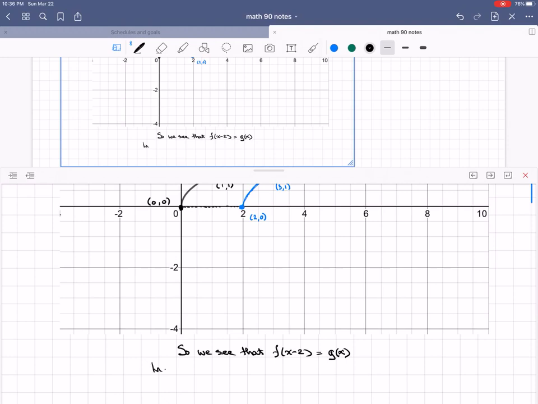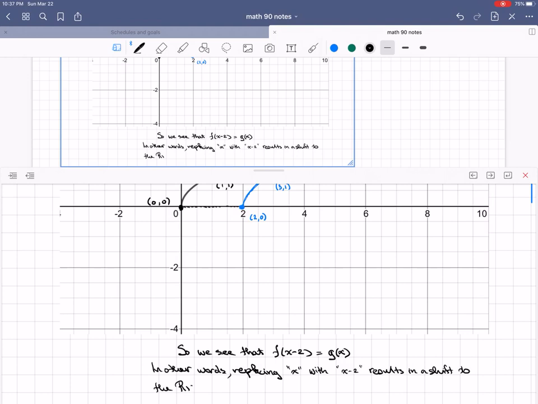In other words, replacing x with x minus 2 results in a shift to the right by 2 units.